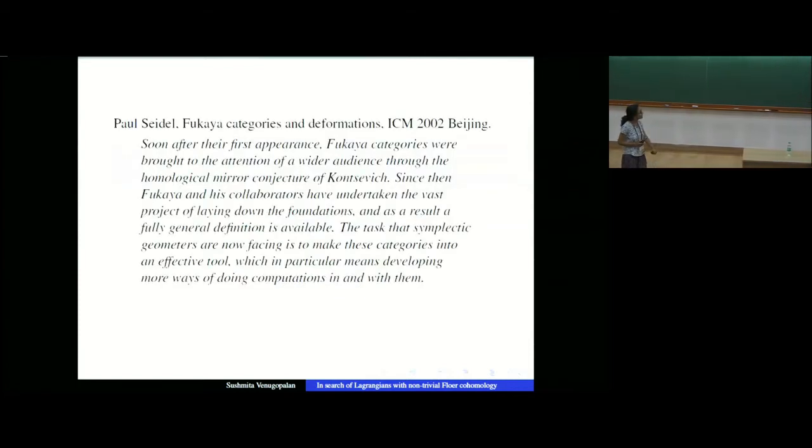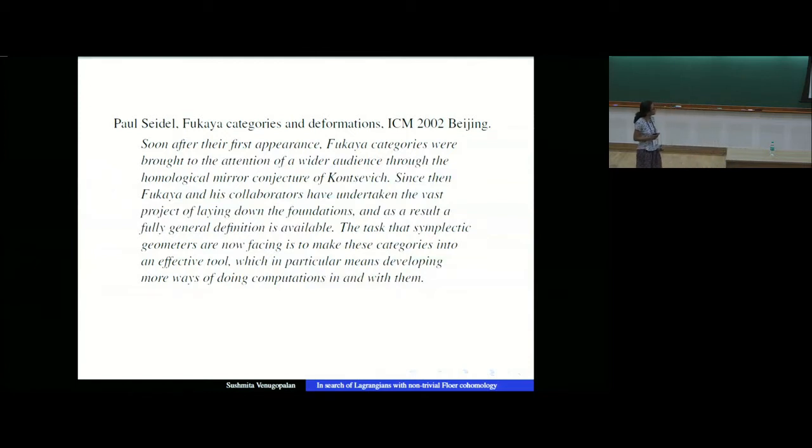Okay, so this is the first paragraph from the ICM proceedings written by Paul Seidel, titled Fukaya Categories and Deformations. So he says that after they made their first appearance, so Fukaya is the one who kind of invented these categories, it was brought to the attention of a wider audience through the homological mirror conjecture of Kontsevich.